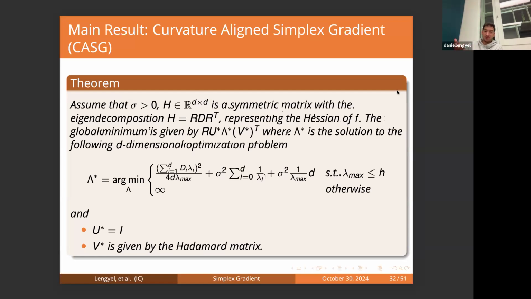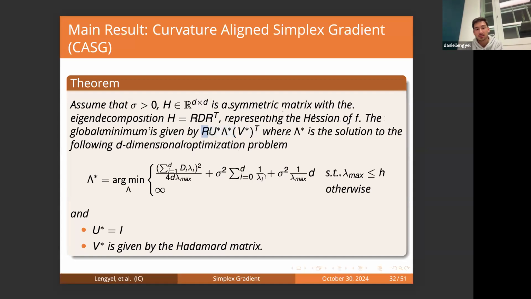So what are the theoretical results that we have? Well, first of all, we can write our optimal sample set as this matrix. If we have our Hessian, the second derivative of our function, given in diagonal form, then we just need to rotate the right-hand side of this expression, which is a singular value decomposition.